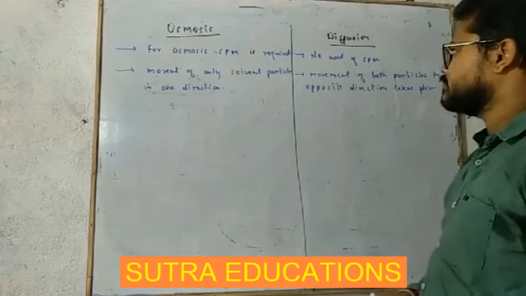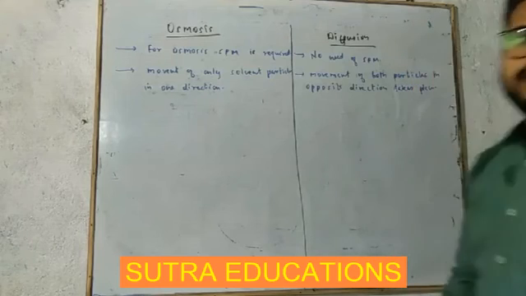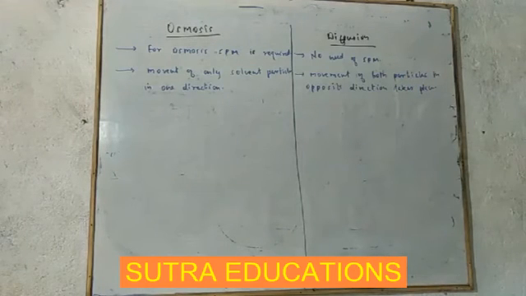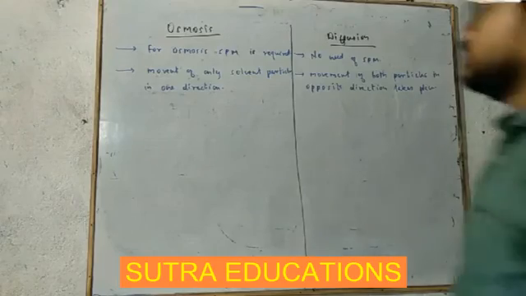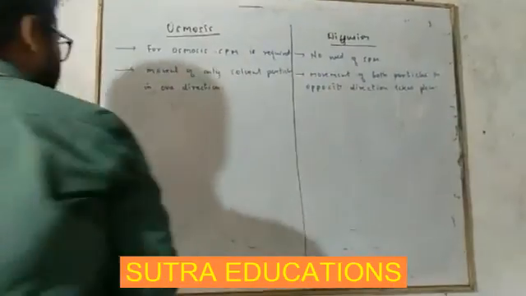Getting this? In diffusion, movement of all the particles takes place, but in case of osmosis I have told you only movement of solvent particles takes place.